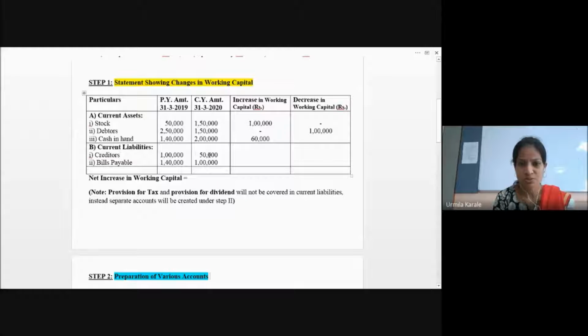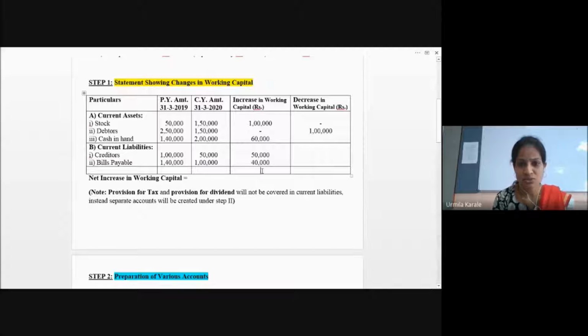So this has reduced by 50,000, resulting in an increase of 50,000. This has reduced too, so this is also going to increase the working capital, that is by 40,000. When it reduces, working capital increases, so we are writing it in the increase column.